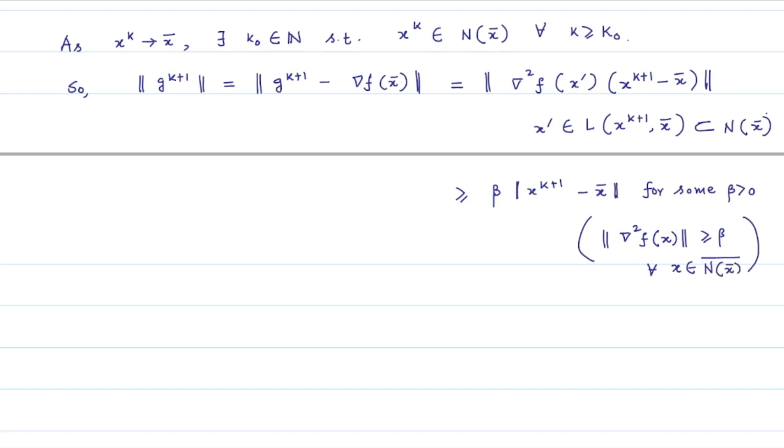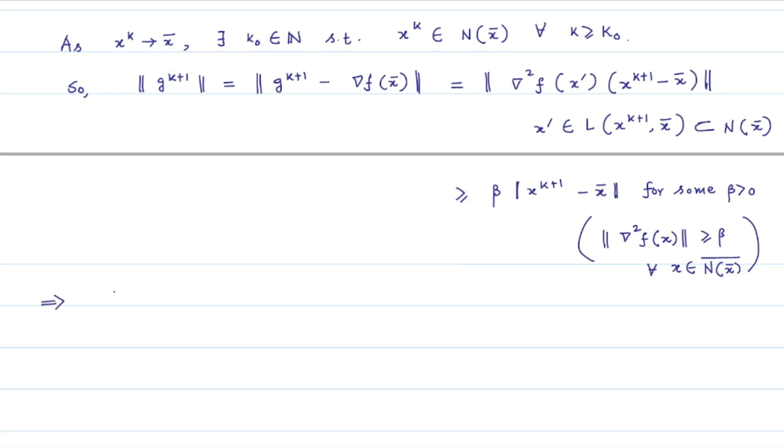As the closure of this neighborhood of x bar is a closed and bounded set, and the Hessian is positive definite, and the Hessian is continuous inside this set, we certainly have a lower bound of the norm of this Hessian with respect to some matrix norm. And hence this quantity is bigger than or equal to some beta times this norm.